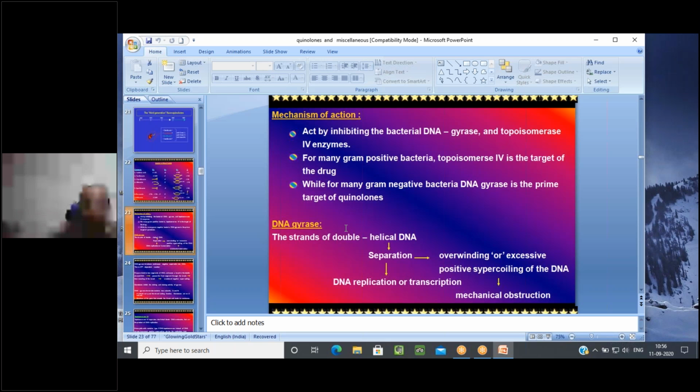That's called negative supercoiling. That gives rise to newer offsprings.